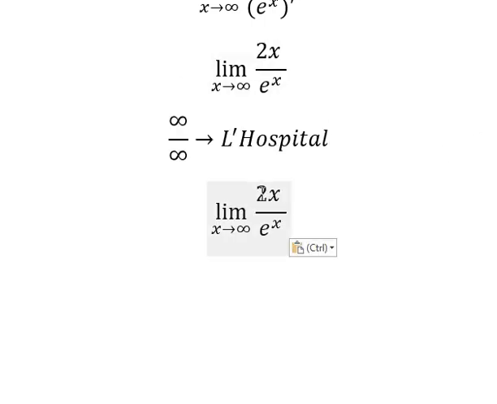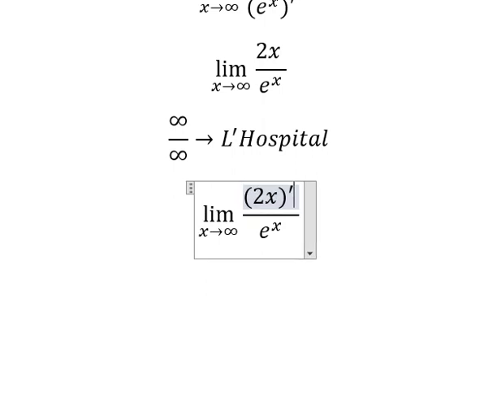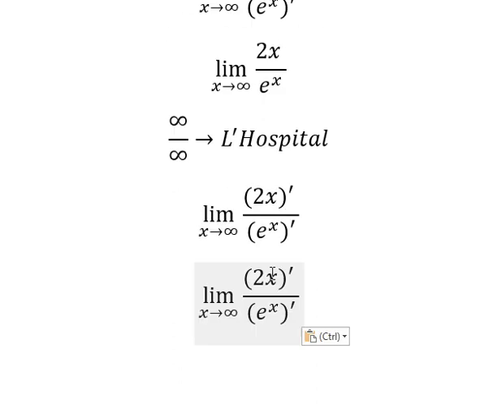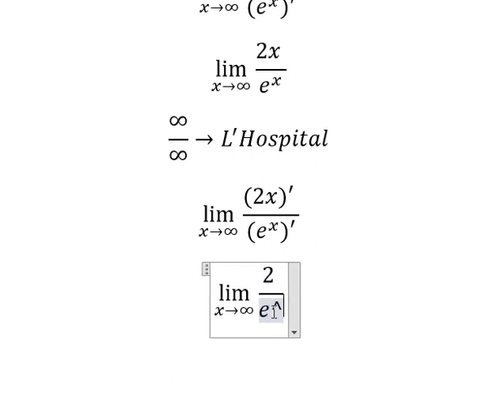That means we need to do the first derivative on the numerator and the denominator. So this one is number 2. This one is e to the power of s.